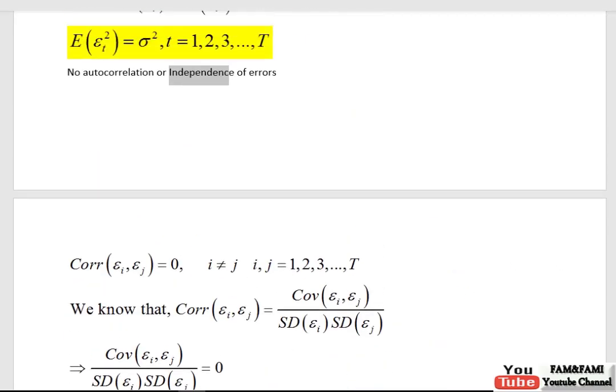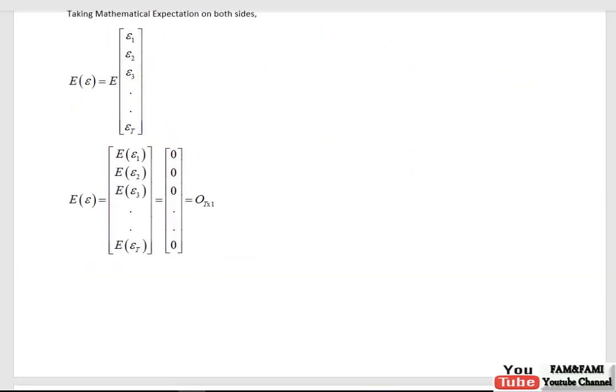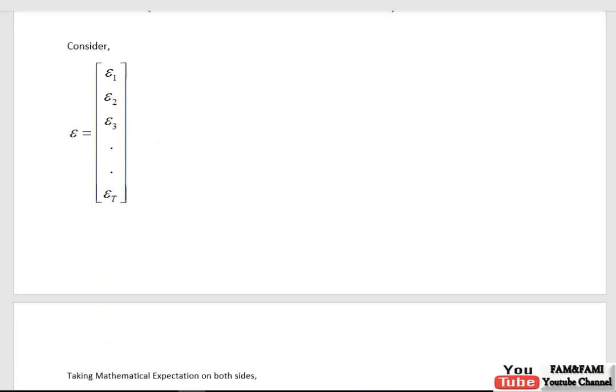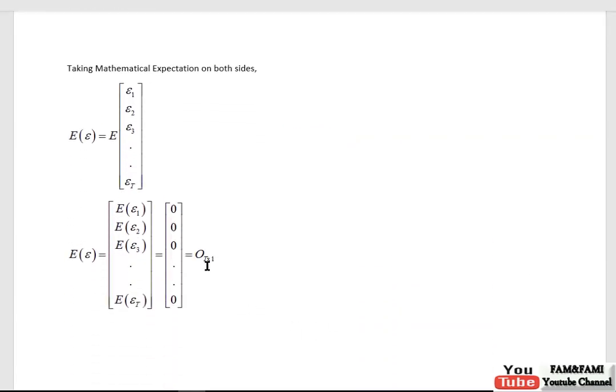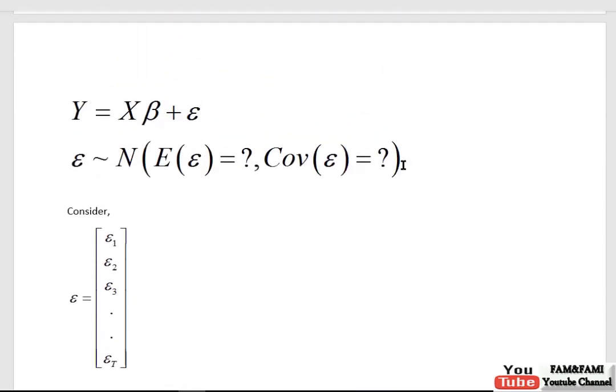Scrolling back to top, we have obtained this second expression. So covariance of epsilon is, this question mark is now replaced with sigma square identity. Recall that this expected epsilon is this null vector O, and now this covariance of epsilon is sigma square identity.